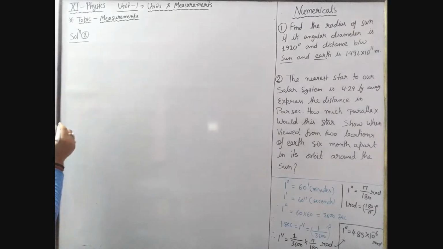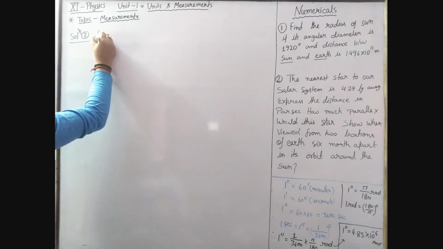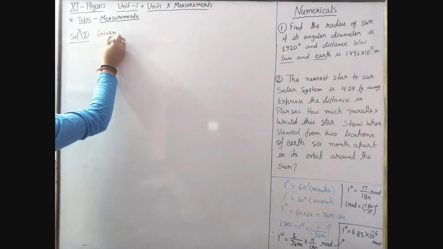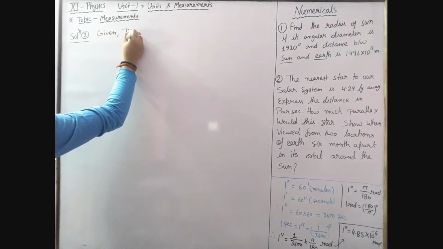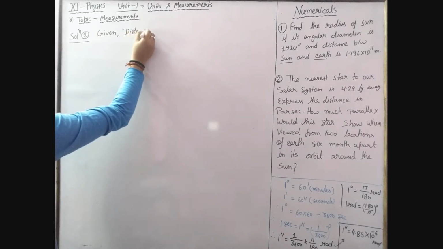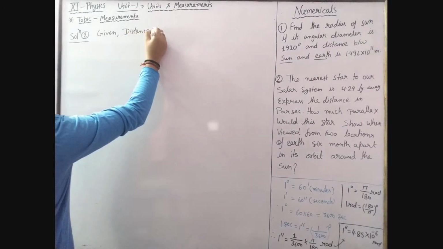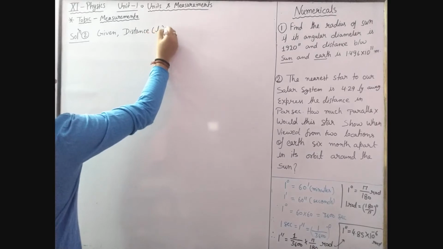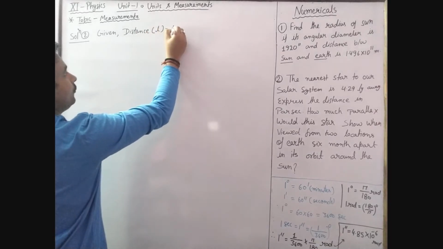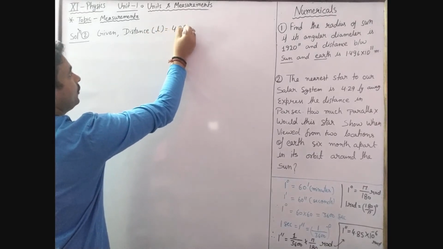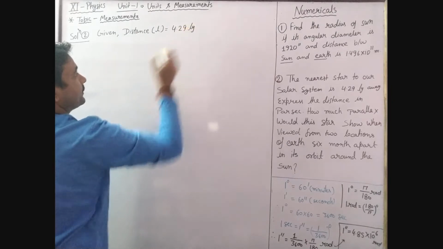Distance of nearest star, that would be L, is equal to 4.29 light years.